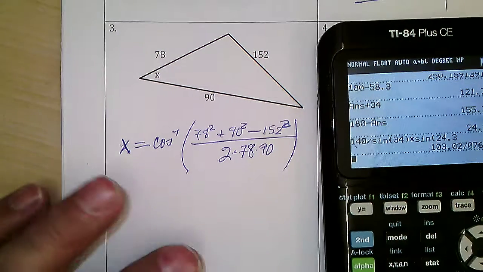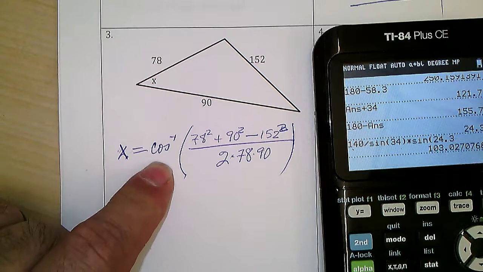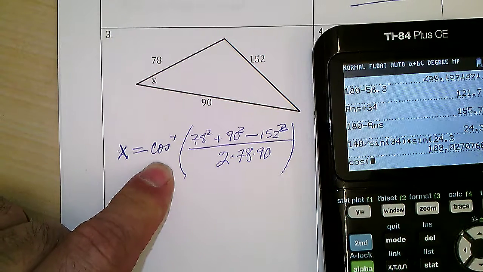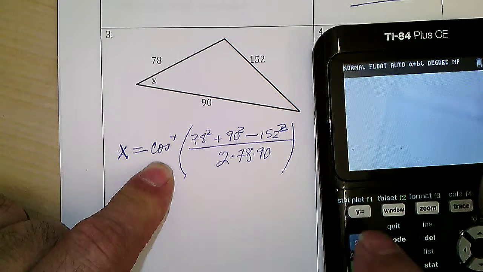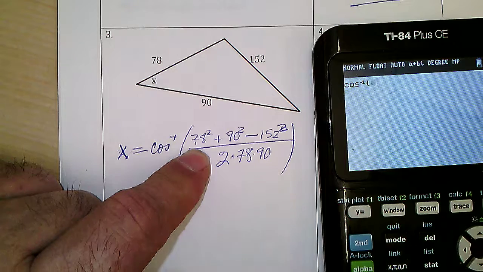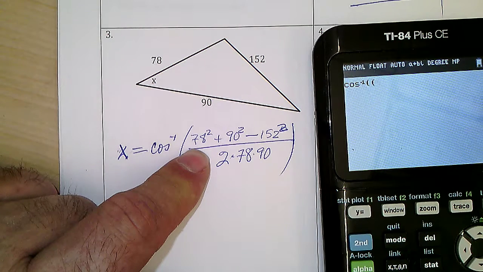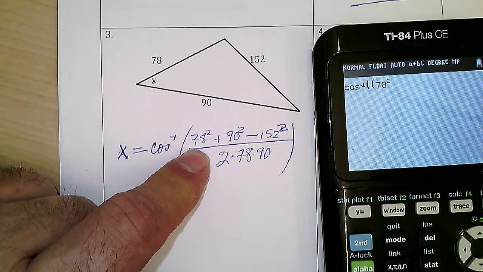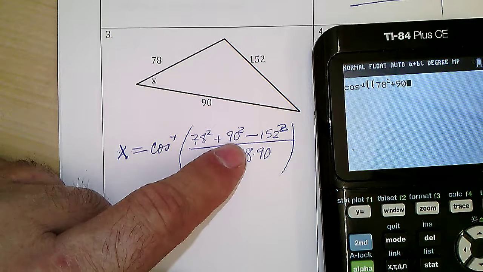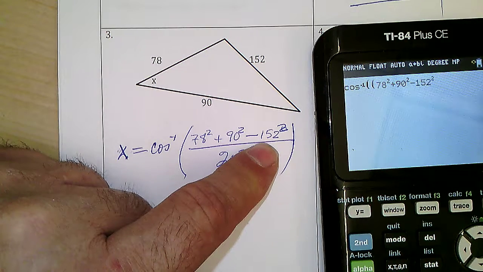Now, some people set this up properly like this, but then when they did the calculation on this cosine inverse, they didn't group their numerator or they didn't group their denominator. Numerator is 78 squared plus 90 squared minus 152 squared.